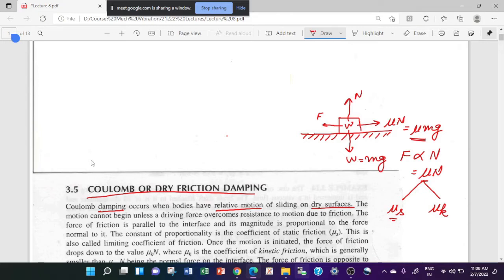And this kinetic friction is smaller than static friction. This frictional force, F naught, F0, is the applied force, you can see.